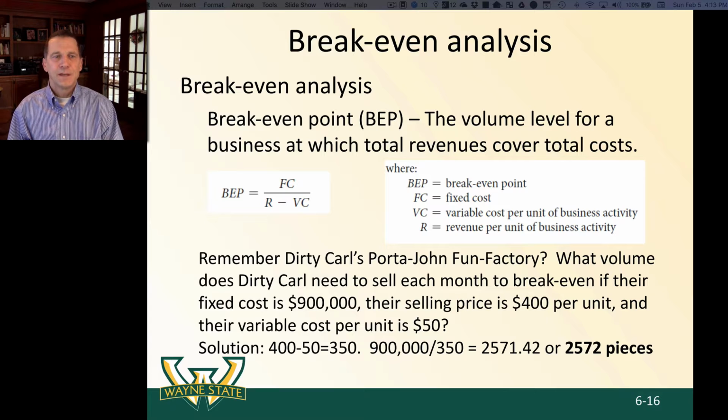You might remember we had Dirty Carl's Porta-John Fun Factory. What volume does Dirty Carl need to sell each month to break even if their fixed cost is $900,000, their selling price is $400 per unit, and their variable cost per unit is $50? It's real simple. Think about the formula I just gave you.